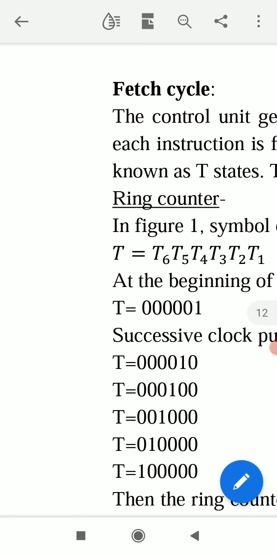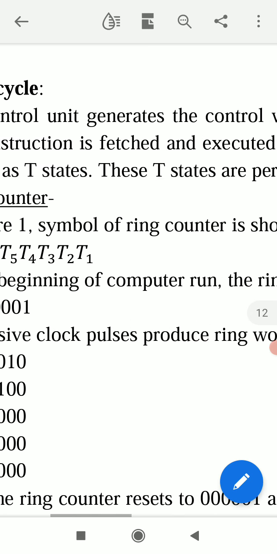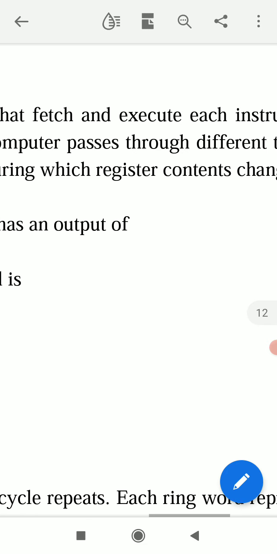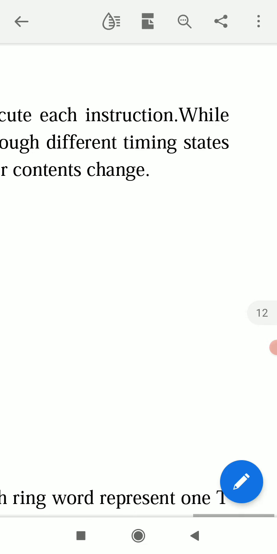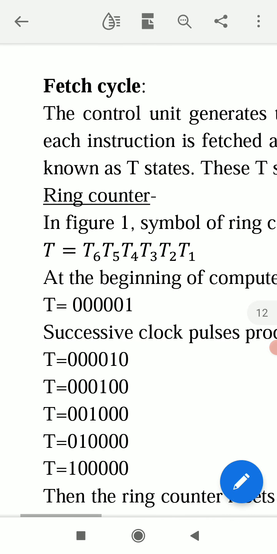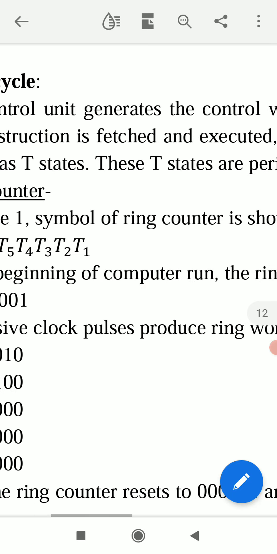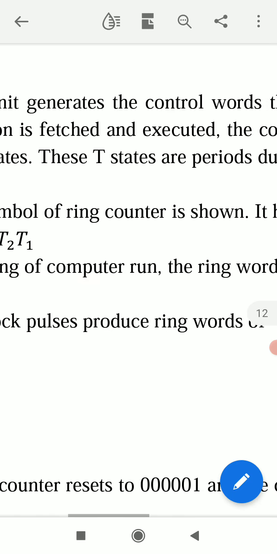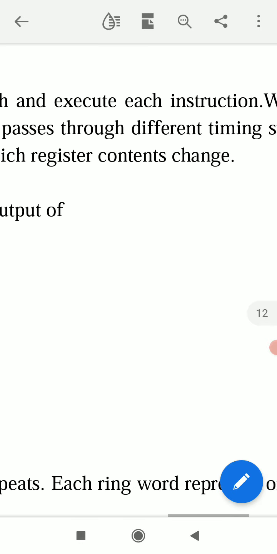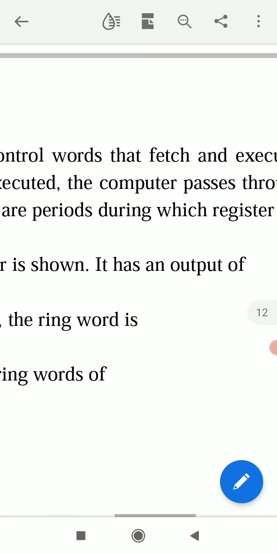While each instruction is fetched and executed, the computer passes through different timing states. These different timing states are known as T states.